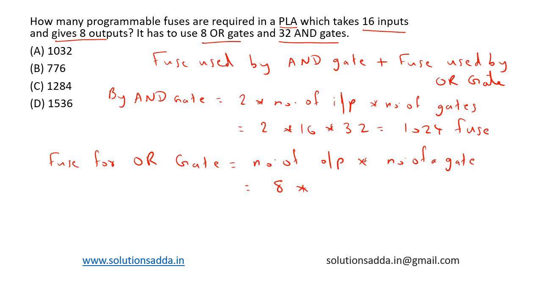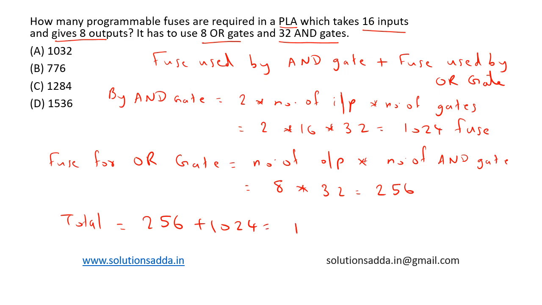Here it is number of AND gates, which is equal to 32, which is equal to 256. So total is equal to 256 plus 1024, which is equal to 1280. So based on the options, none of the options matches.